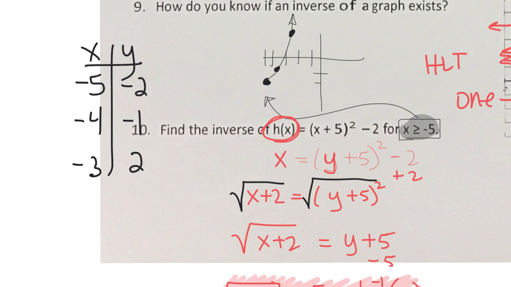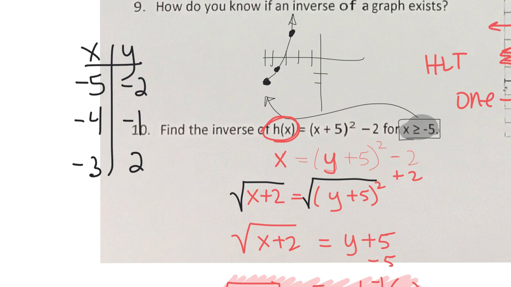That's your given function, -5, -2, -4, -1, and -3, 2. You do that by replacing x with -5, and then replace x with -4, and then replace x with -3, and calculate it. Right? This is an Algebra 1 type calculation. You just have to add, square, and subtract 2.